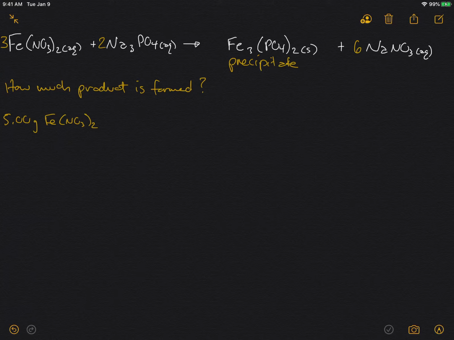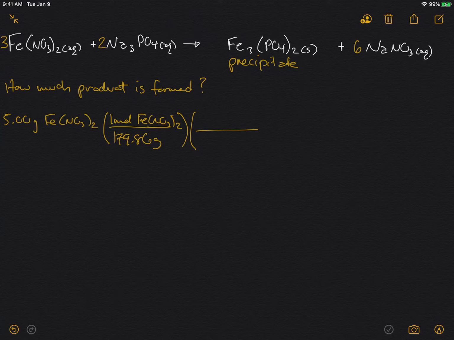So the first thing you want to do is convert grams to moles. So 1 mole of iron nitrate has a mass of 179.86 grams. And so now we're in units of moles of iron nitrate. And this next step is the key step.